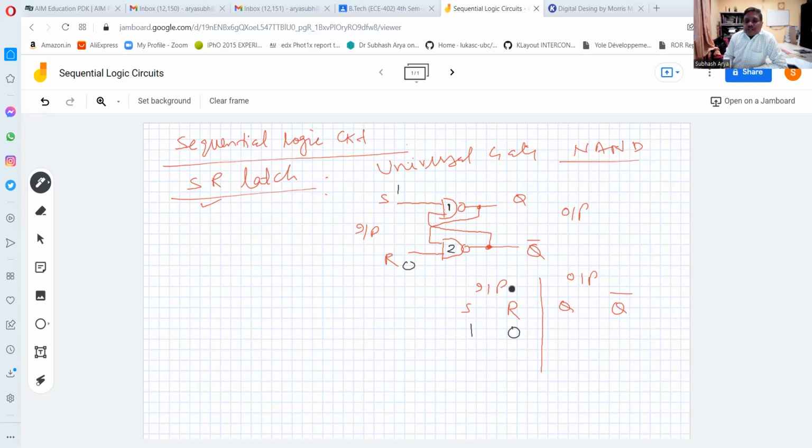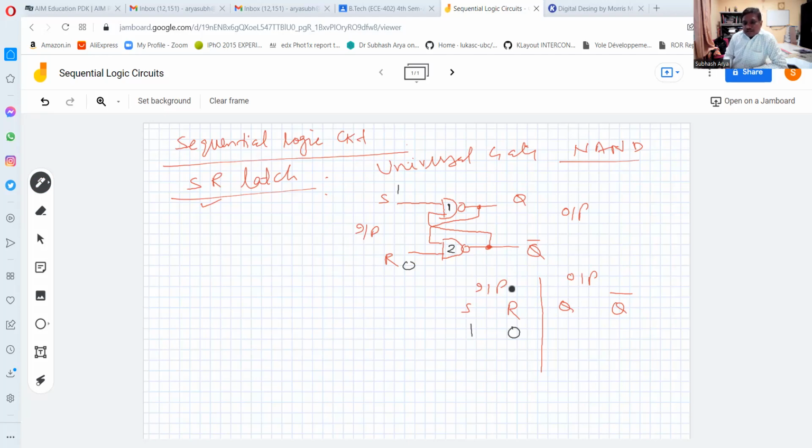So as soon as this 1 is available at the input of NAND gate number 1, we cannot predict what shall be the output. We have to look at the output of the second input of the first NAND gate. Okay, this is the case regarding the first NAND gate.